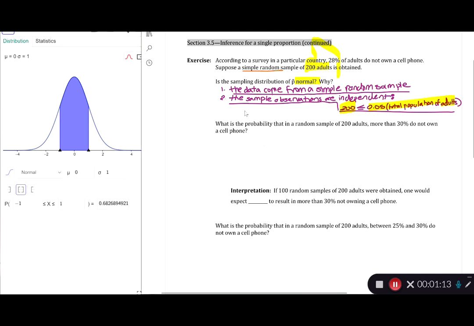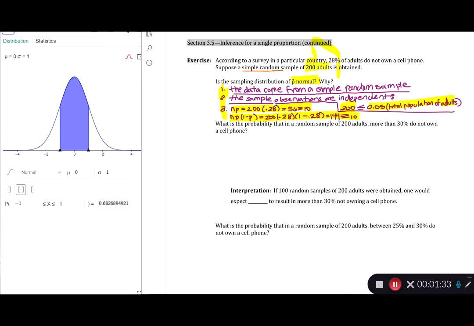And then the last criteria is that we need to have n times p be at least 10, which it is in this case, and n times p times 1 minus p also be at least 10, which it also is.